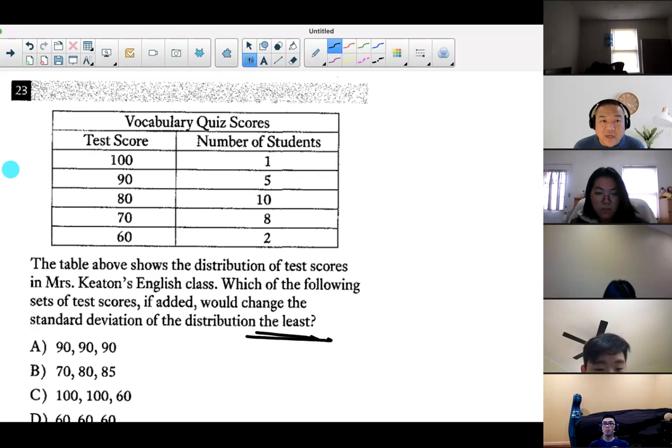Then you need to understand what it means to have low standard deviation versus high standard deviation. First of all, let me just tell you what standard deviation is in short form.